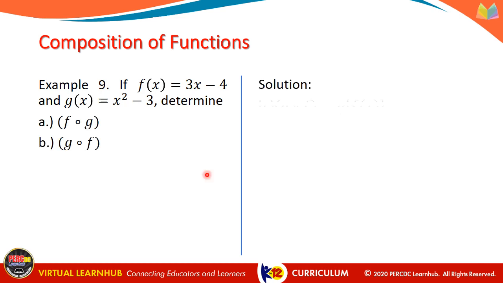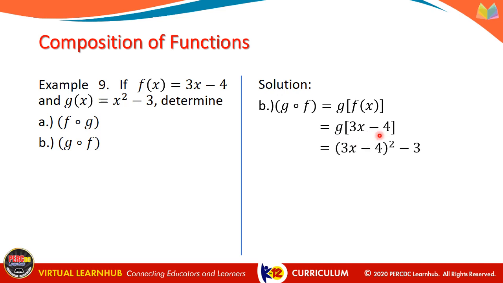Next, for letter B, g of f, that is equal to g of f of x. f of x is inside the function g. And we know that f of x is equal to 3x minus 4. So we can say that g of f of x is just the same as g of 3x minus 4.